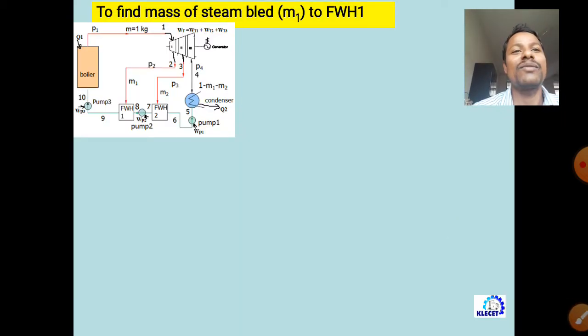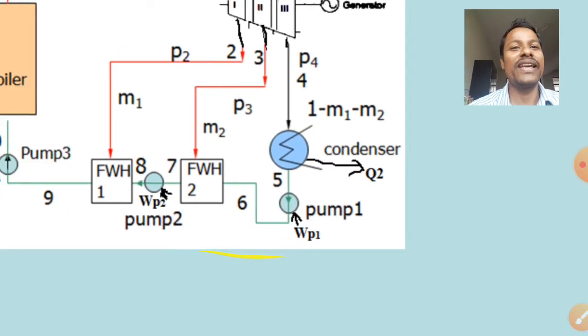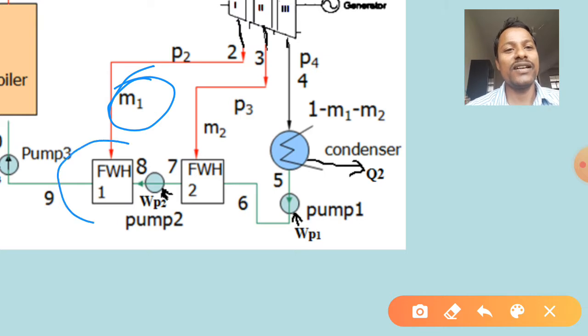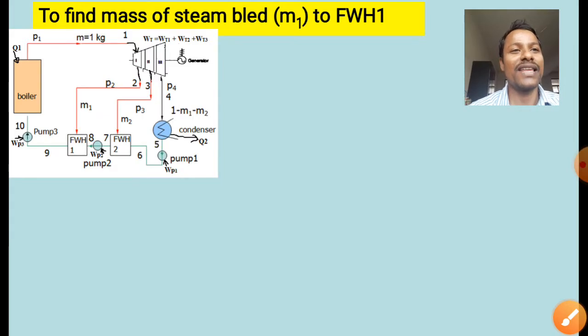So now to find the mass of the steam bled, that is M1 in open feed water heater. So we are bleeding M1 in feed water heater 1. To calculate this M1 value, we take feed water heater 1 separately and we do the energy balance for that.